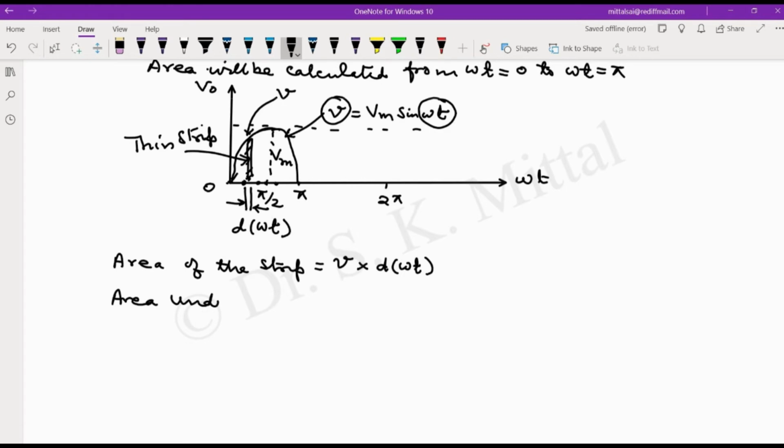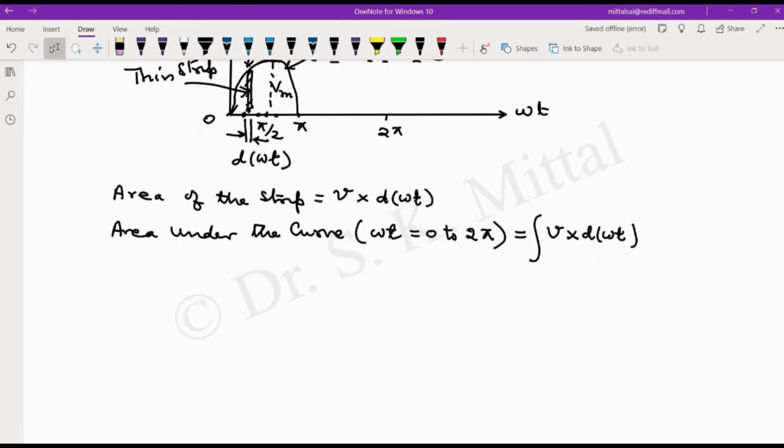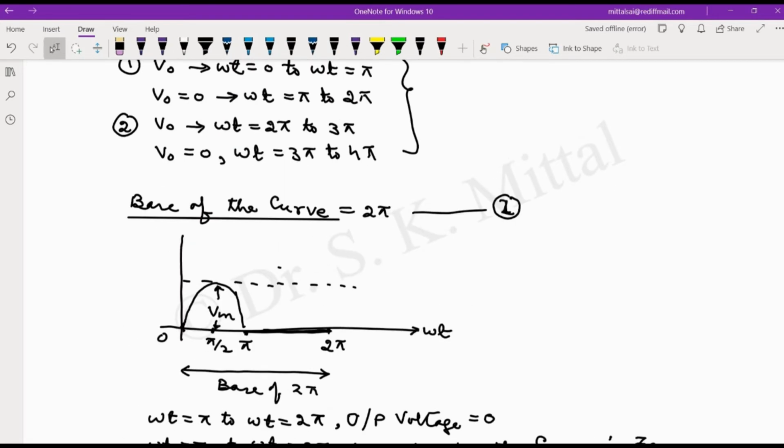According to mathematics, we will integrate the area of the strip. This v multiplied by d omega t is the area of the strip.